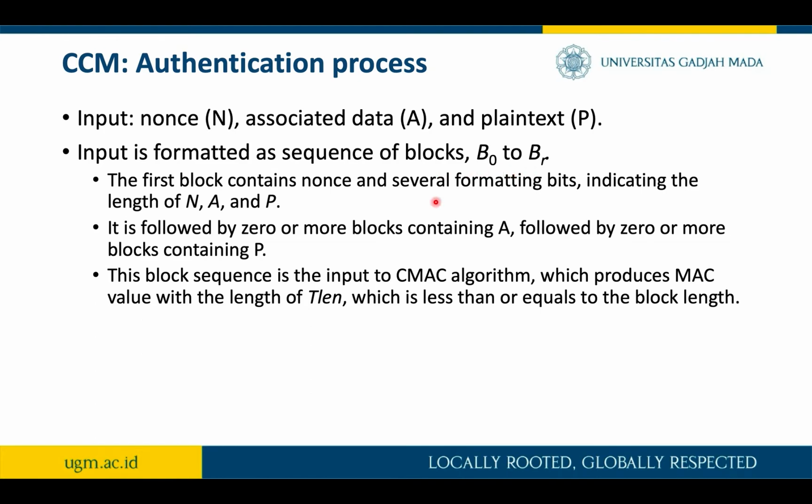The first block contains the nonce and several formatting bits indicating the length of N, A, and P. It is followed by zero or more blocks containing A. So A is placed after N, then followed by zero or more blocks containing P. P is on the rightmost place. This block sequence is the input of the CMAC algorithm.